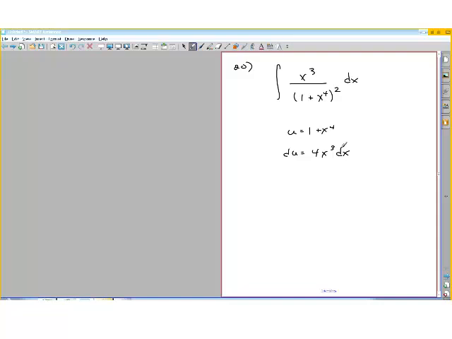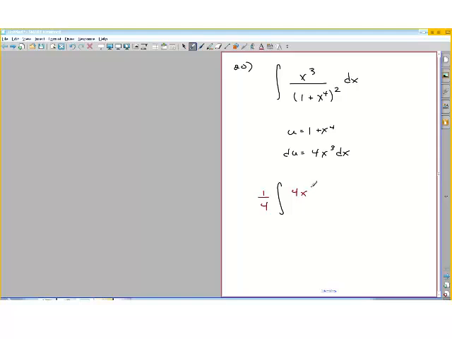Since this is the fourth problem, we're going to use the procedure where we multiply and divide by the same number. So I'm going to take this original integral, multiply by 4, and divide by 4. Before inside, before outside, but you can move constants across the integral sign.